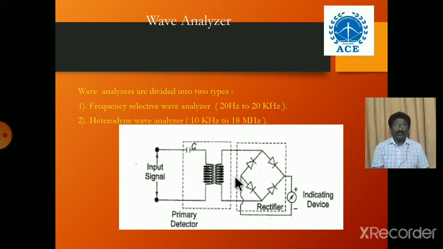The output device is nothing but a DC voltmeter, which is calibrated to indicate the peak value of the applied sinusoidal input signal. The rectifier is used to obtain the average value of the applied AC input signal.